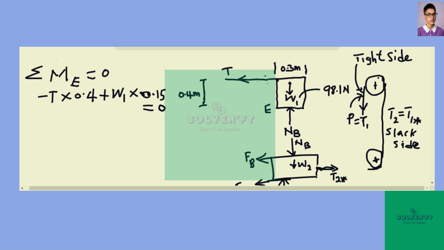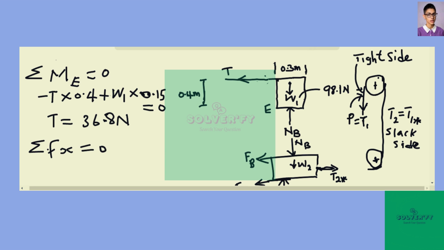When we solve this, we are going to have our tension T to be 36.8 Newton.